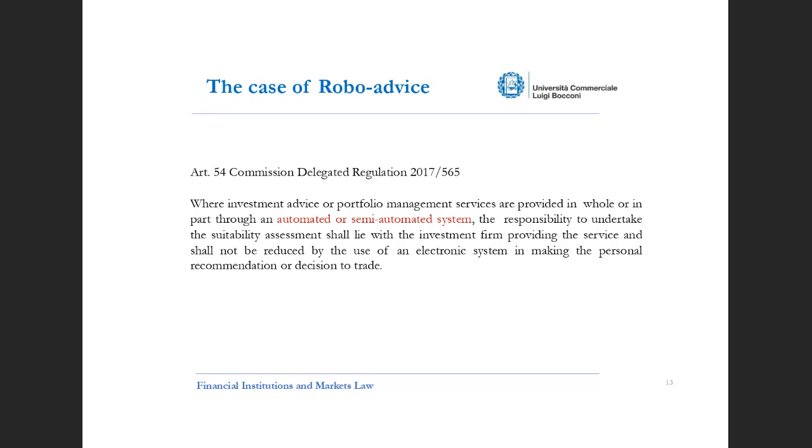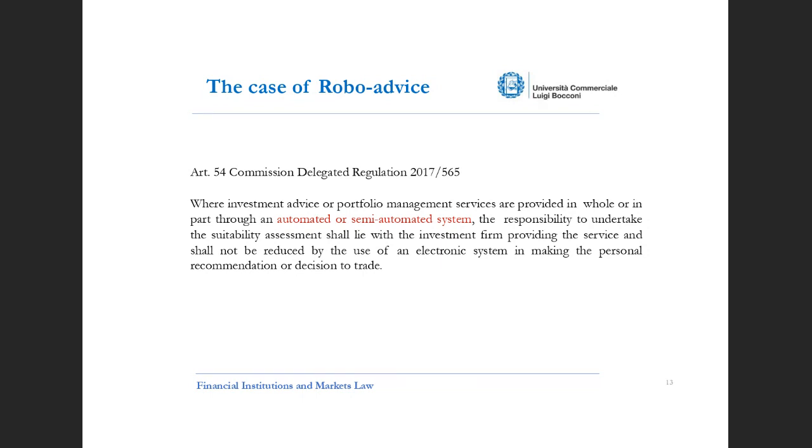The points of discussion revolve around different topics. For instance, when the client is onboarded in a robo-advice environment, he is more or less left by himself in providing this information, in filling up the questionnaire, and this may imply behavioral biases that are well known in the context of tech phenomenon.